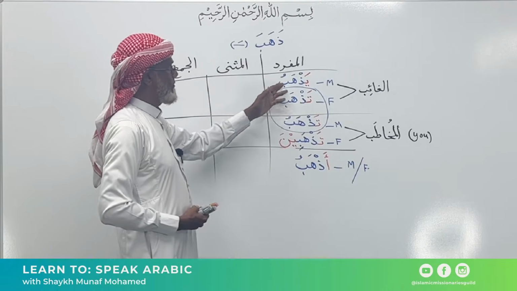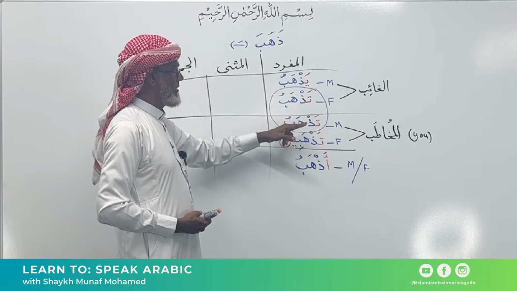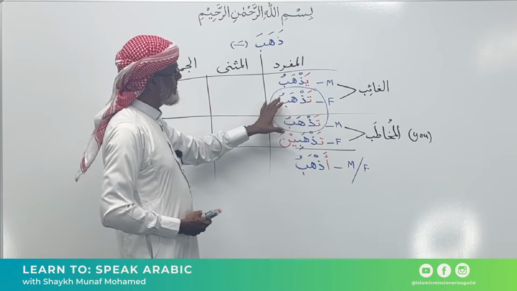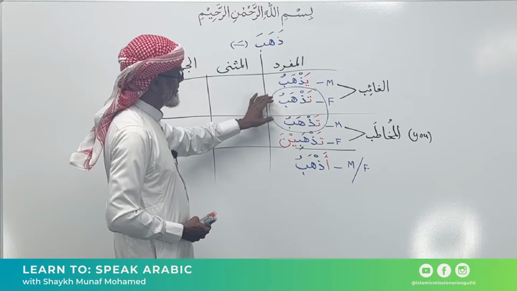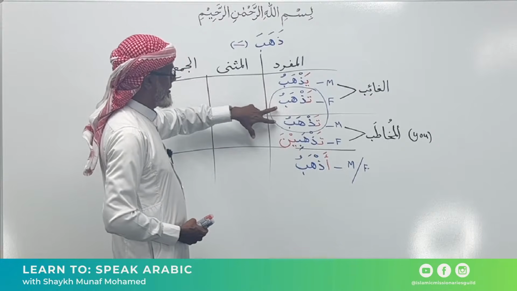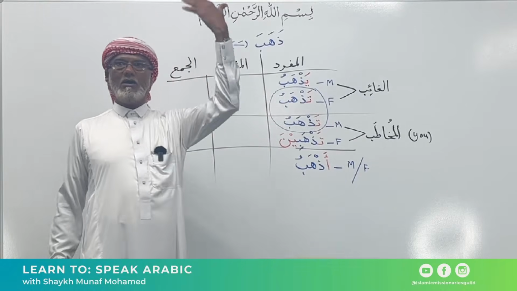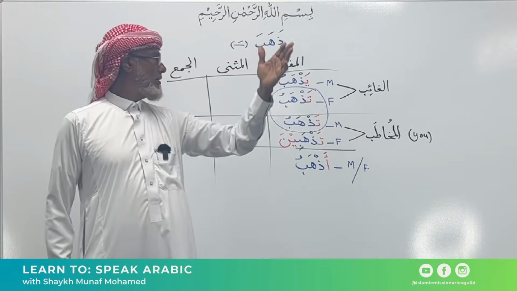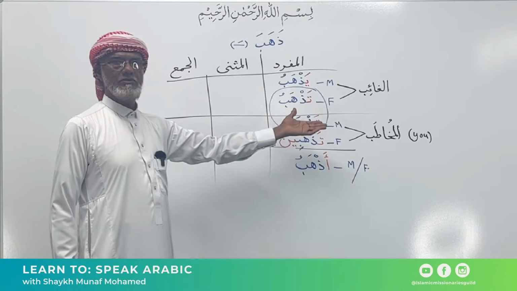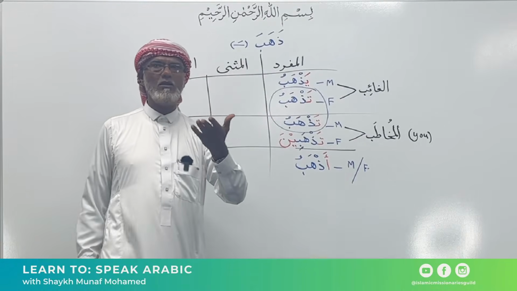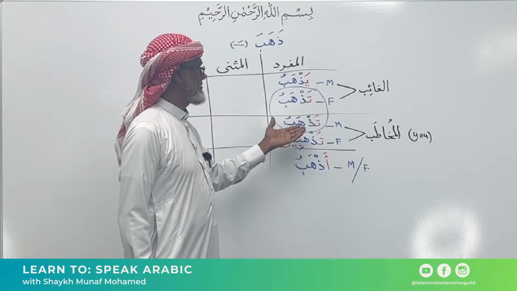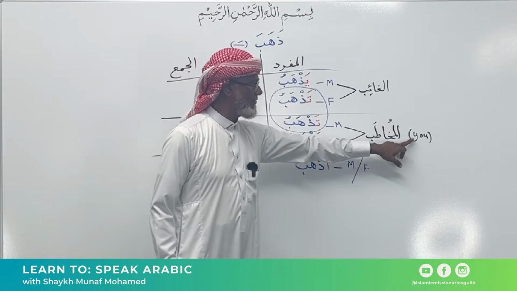So, yadhhabu, tadhhabu, tadhhabu. Now, someone might say, well, this could be confusing. How would I know whether I'm talking about a female or this? There can never be any confusion in this, because this is a person right in front of you.